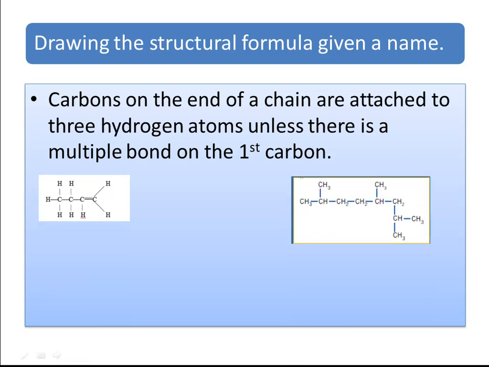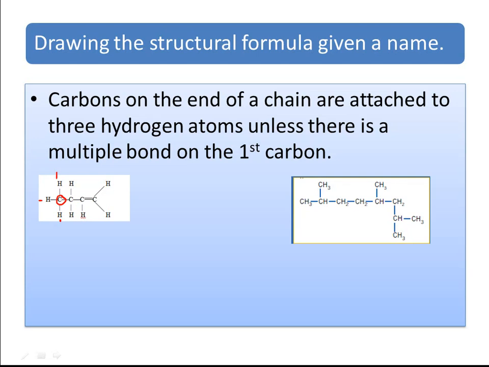So all carbon atoms at the end, for example, if I've got this carbon atom which is at the end, it has got how many hydrogen atoms? 1, 2, 3 hydrogen atoms. But on this carbon atom which is at the end, not necessarily at the end of the chain, like all end carbons within the structure will have 3 hydrogens unless there's a double bond or multiple bond at the end of that structure.